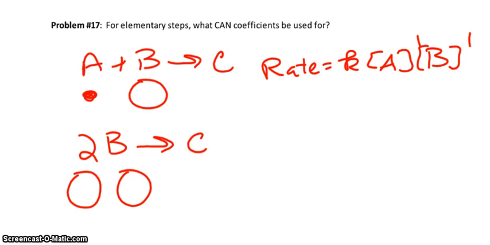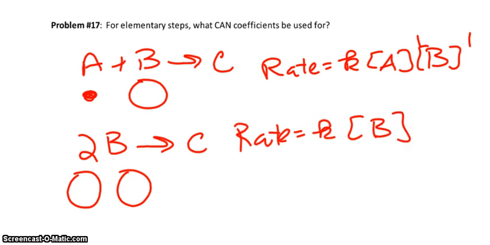If I doubled B and the rate quadrupled, it's going to be second order. So here we go. So there the coefficient does have a relationship with the rate. And that is typically how it works with these mechanisms.